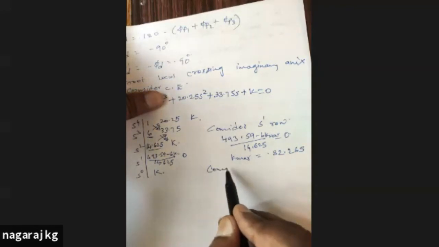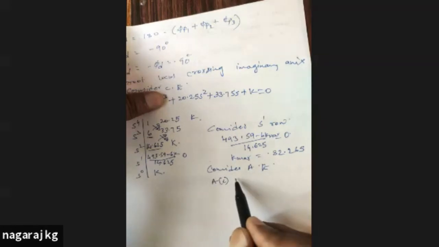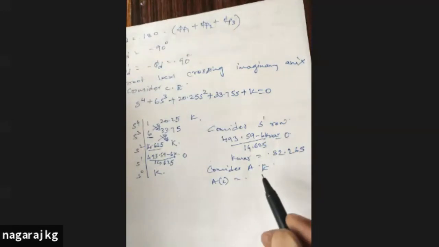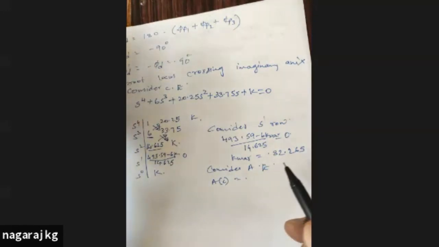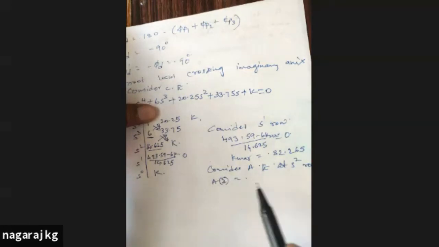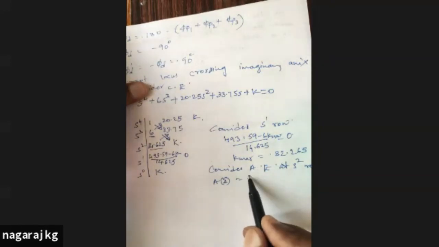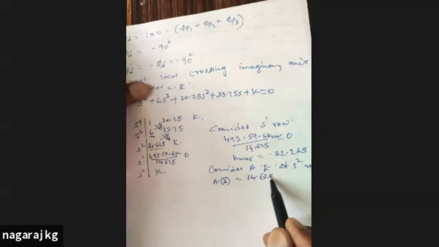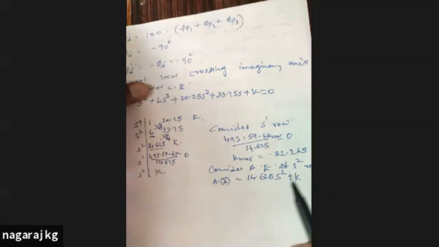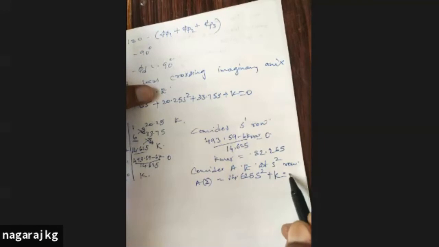What is A of S? Just above this row is the auxiliary equation at the s squared row. A of S is equal to 14.625 s squared plus K, and equate it to 0.